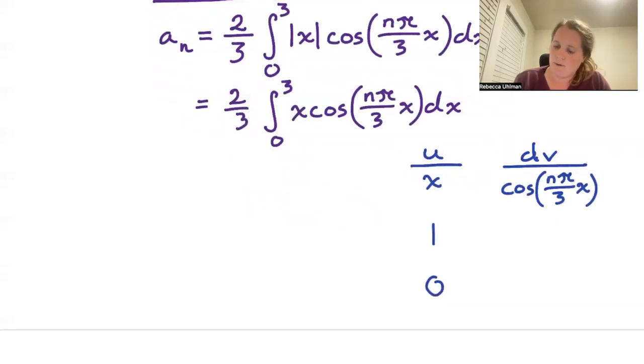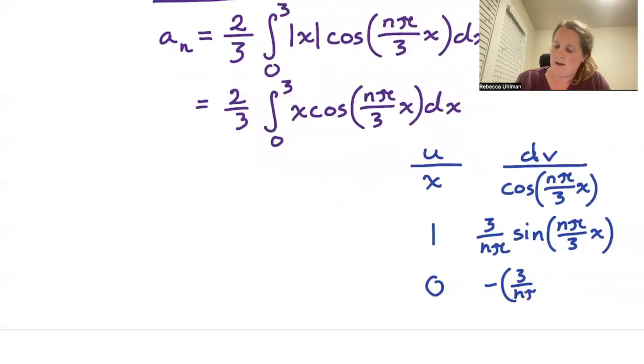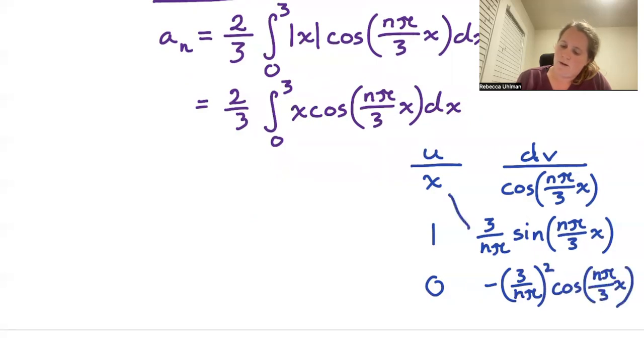Integrating down the right, we will have a 3 over n pi times sine n pi over 3 x, followed by a negative 3 over n pi in parentheses squared cosine n pi over 3 x. Multiplying on the diagonals, we will add the first product, subtract the second.